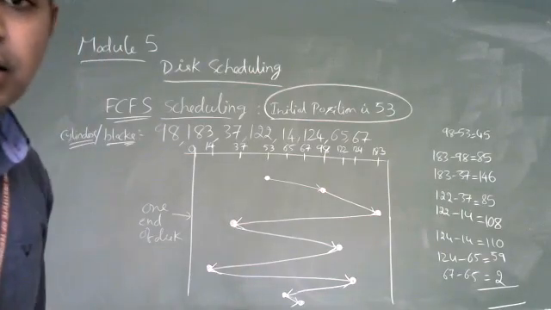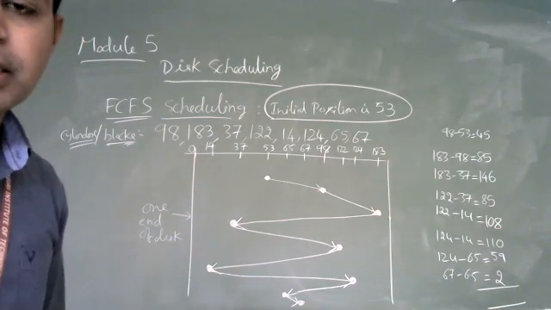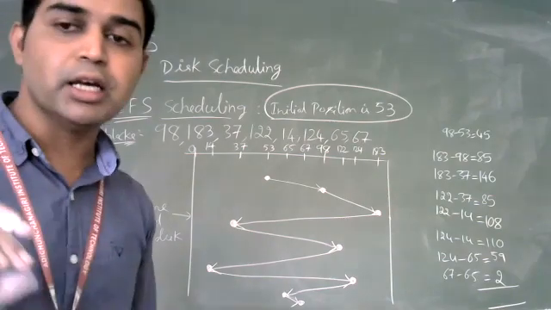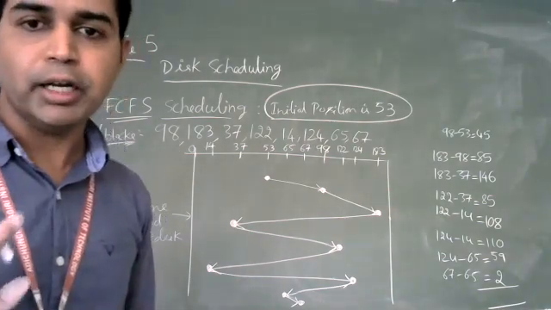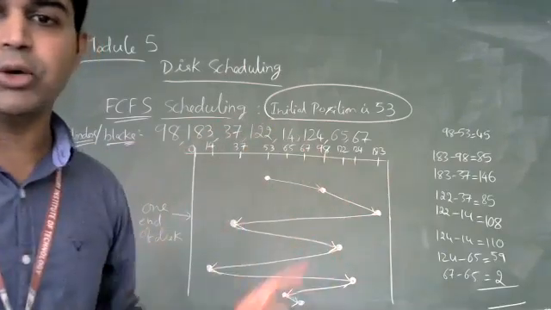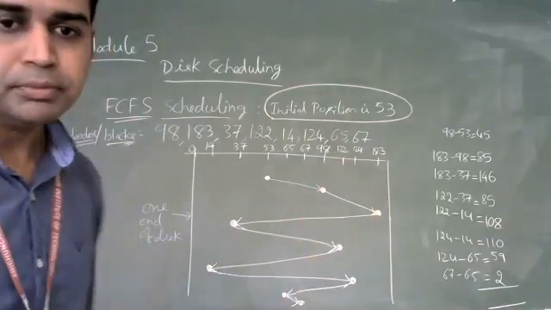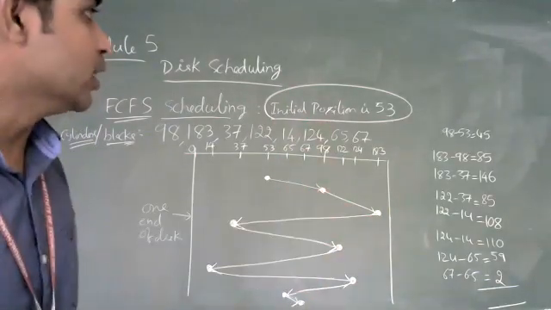So this is how you have to solve the problem. They will be giving you the cylinder numbers and the initial position of the read write pointer, and you have to keep on moving from one cylinder to another using FCFS, first come first served. Okay, add them all up and see how much you get.